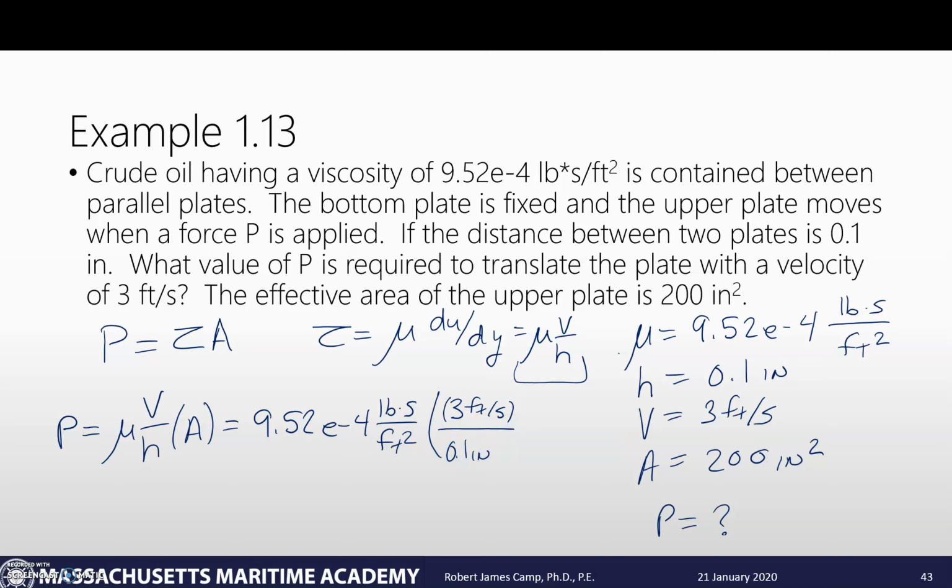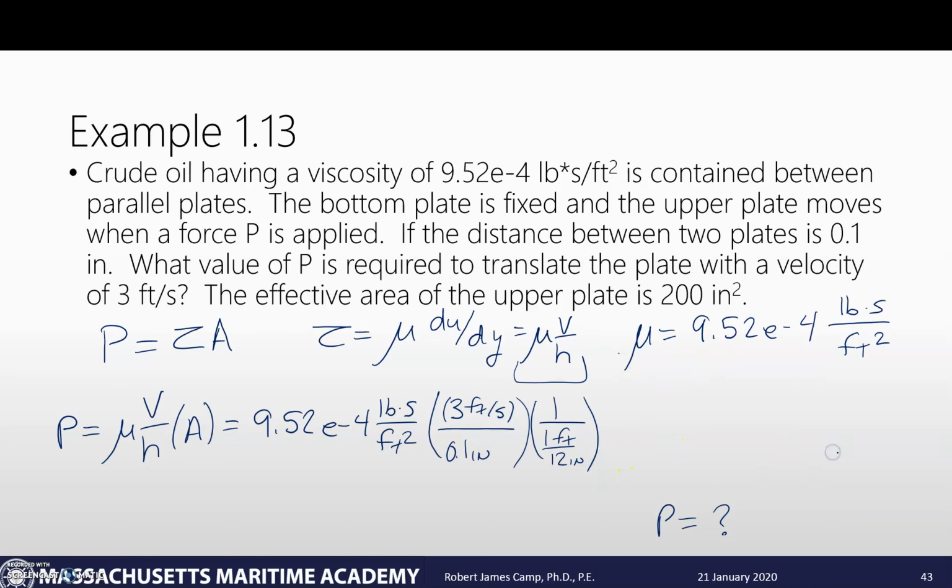Once again, that doesn't work out with everything. We do need to convert, so we end up having to pick one of these. I think it's probably easiest if we convert over to feet squared. So in order to convert the inches, we go 1 over the 0.1 inch, and then we've got 1 foot divided by 12 inches.